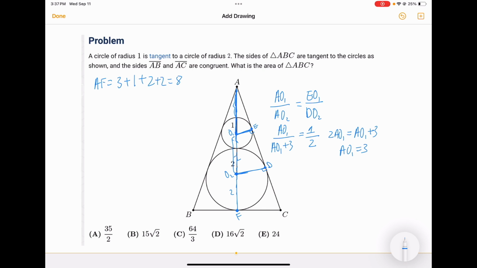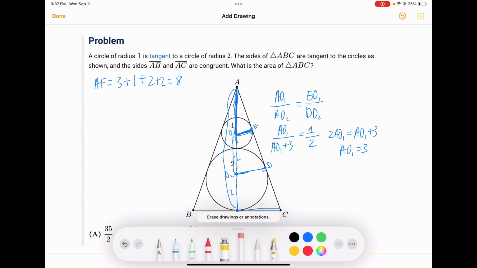We can start off by again using proportions, but this time instead of using triangles AO1E and AO2D, we can use AO1E and AFC. But keep in mind that it's not just this line over this entire line equal to this over this. I'm going to erase some so we can see it more clearly.